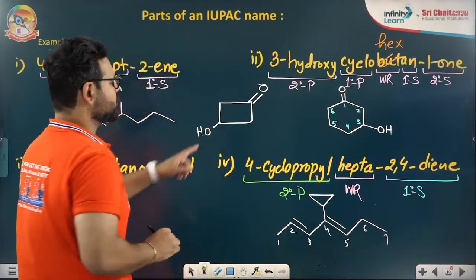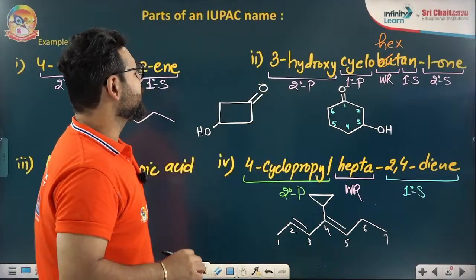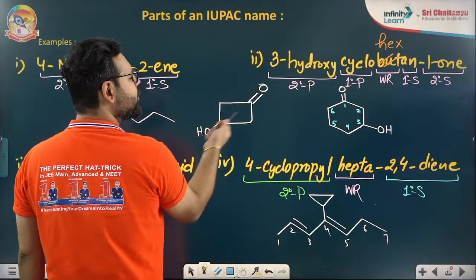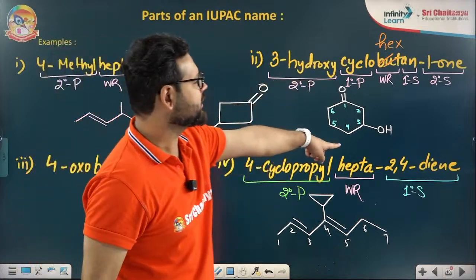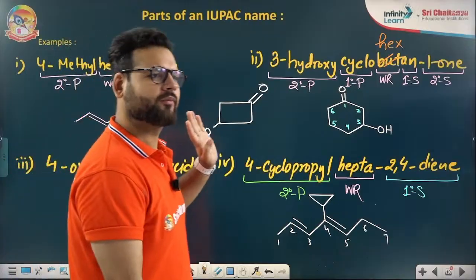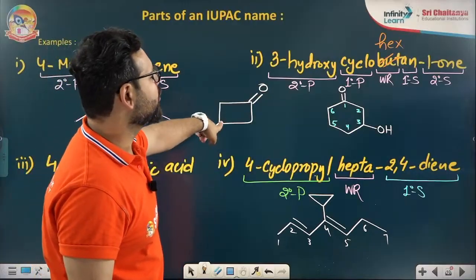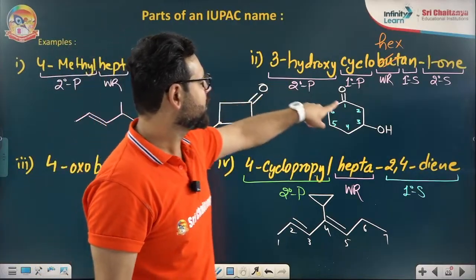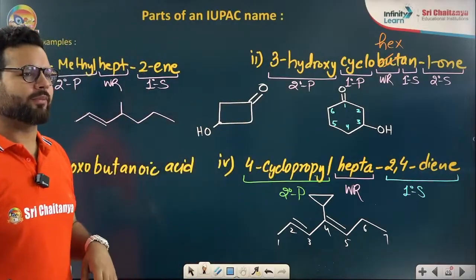The number is correct also. 3-hydroxy is also possible. This also you can draw. Both are correct. So this is hexane-1-one, this is butane-1-one. Both are fine. All feasible. So this is 3-hydroxybutanone, 3-hydroxycyclohexanone. Okay. Next one.